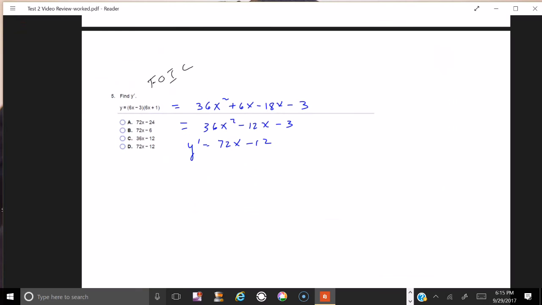So first FOILing, you get 36x squared plus 6x minus 18x minus 3. And now combining everything, we get 36x squared minus 12x minus 3. Taking the derivative, we get 72x minus 12, and that is answer D.